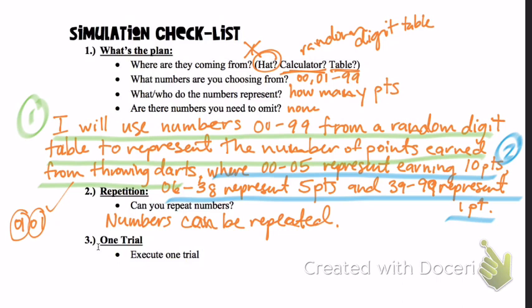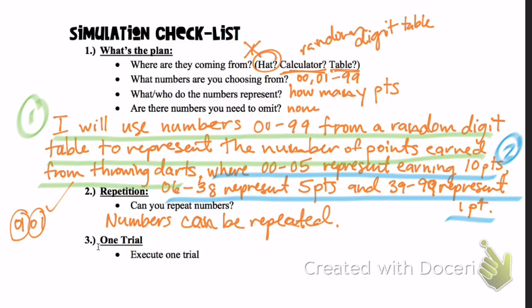The third step is now saying, what will one trial look like? So when I'm looking at this random digit table, one trial means I'm choosing how many numbers? For 1 point. Each person gets 3 throws.